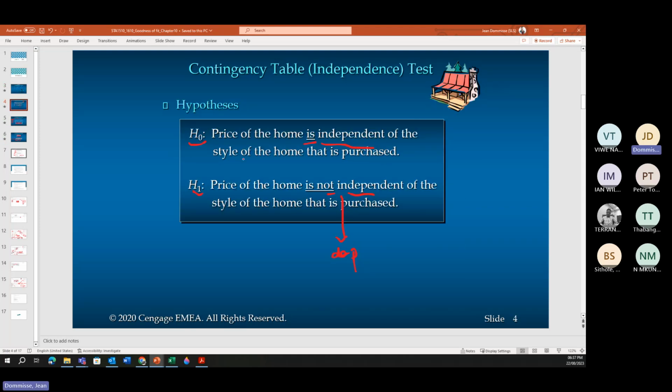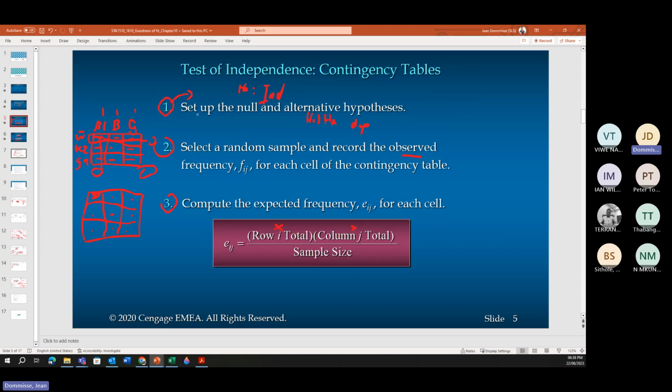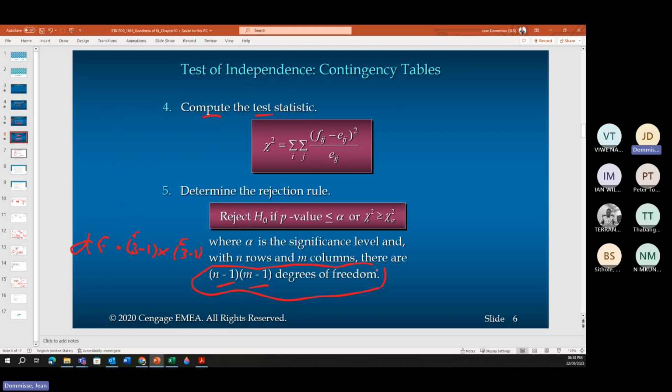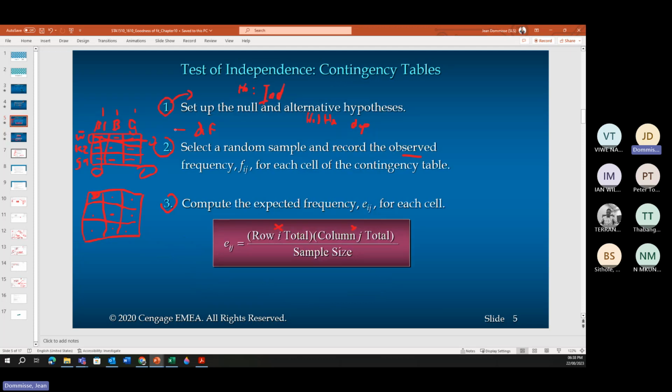The null hypothesis versus your alternative hypothesis. So it is independent versus dependent, which is that first set that you need to look at. Then you can actually put in here degrees of freedom. I know it is part of that, but you can already work out the degrees of freedom there.